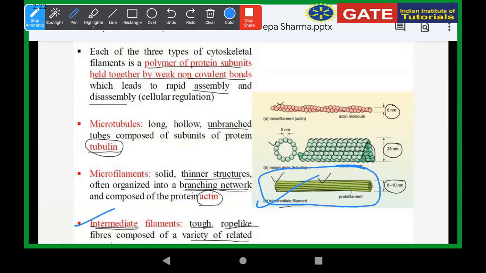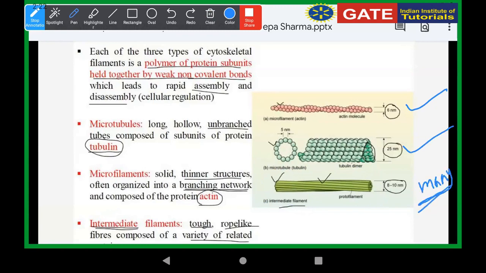For intermediate filament, there is no single protein. For microfilament, actin proteins are present. For microtubule, tubulin protein. For intermediate filament, many proteins are involved. Clear? Yes, ma'am. Clear.